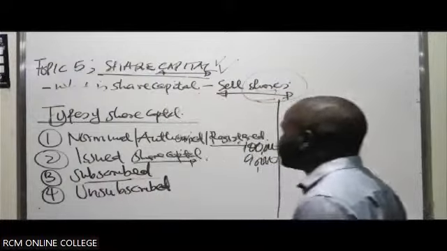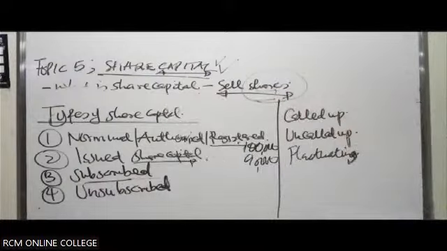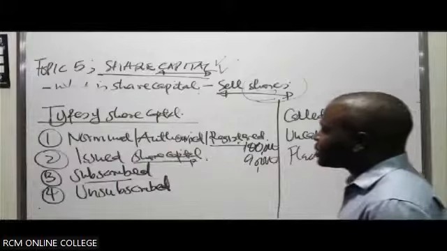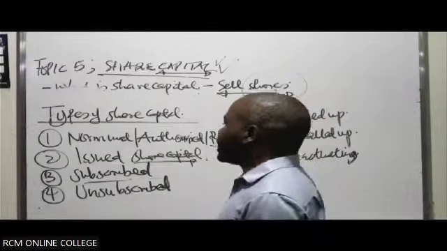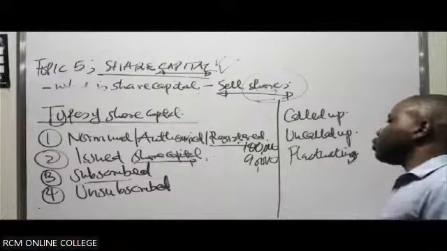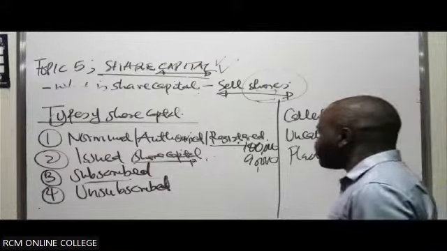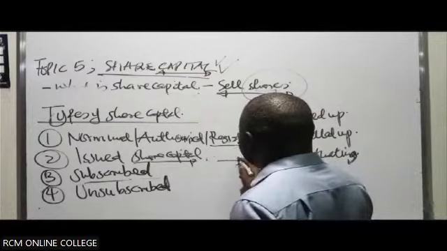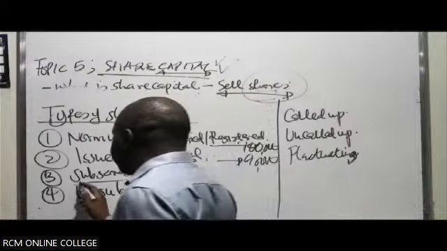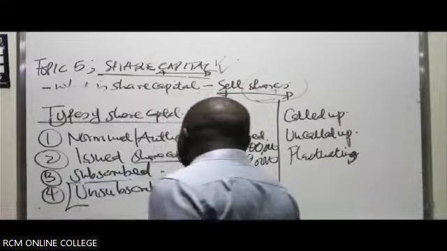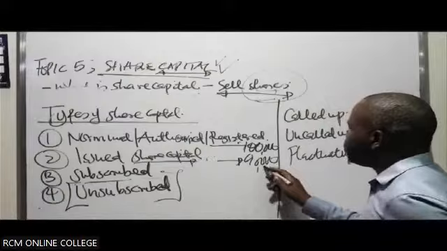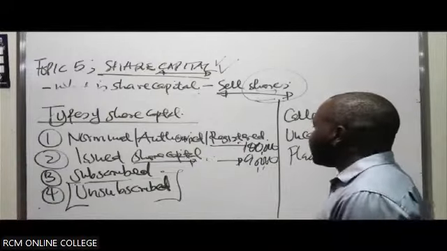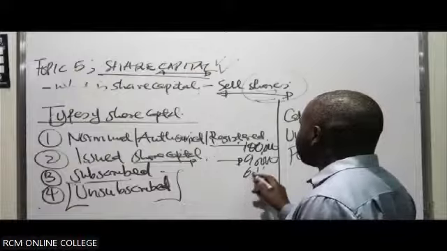If it is not fully subscribed, we can have a portion of the share capital which is yet to be applied for. Maybe they issued 90,000, but people have only applied for 60,000.